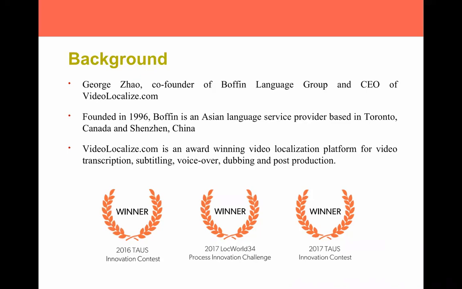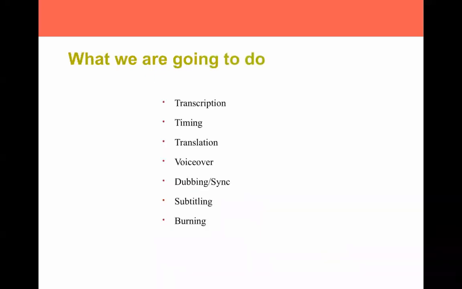What we are going to do today is to demonstrate how VideoLocalize can simplify the process of localizing a short video. We first transcribe the video to get the script, and then time the script. We will generate time codes so that we can use them for voiceover and subtitling.